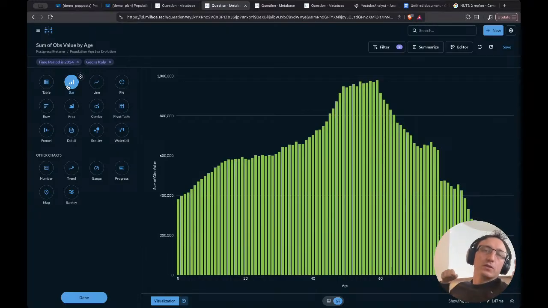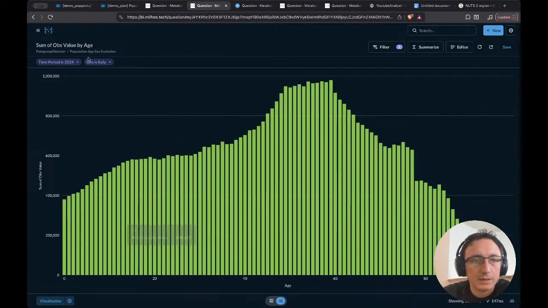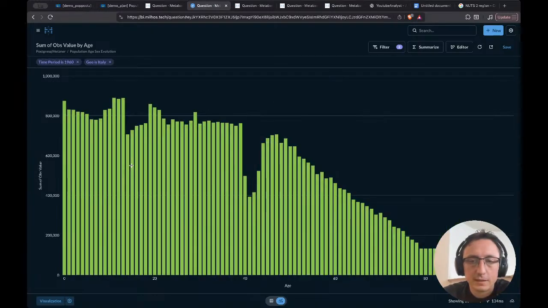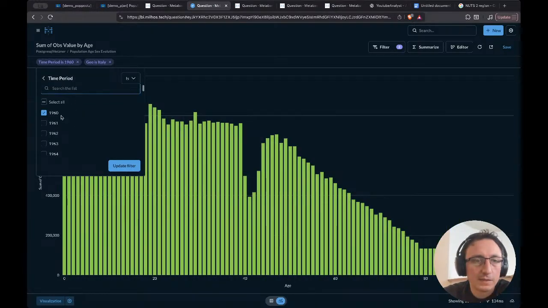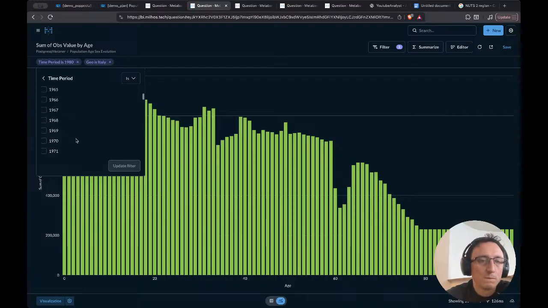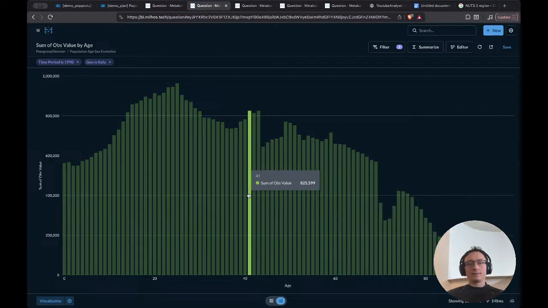It's interesting because we can compare the demographic pyramid in Italy, 1960. Wow. 1980, 1990.